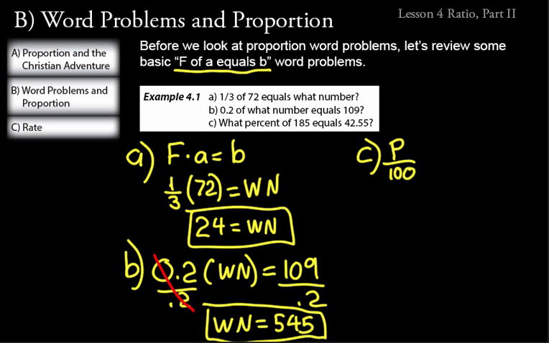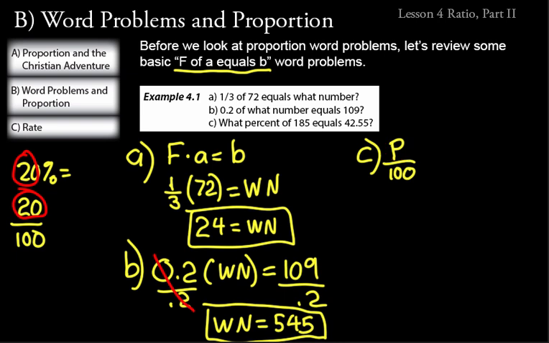So if you had 20% and you wanted to write 20% as a fraction, well, that whole symbol, the percent symbol itself, means per 100. So what you're rewriting that as a fraction is 20 over 100. So the 20 part there, that's the P over here, P over 100.